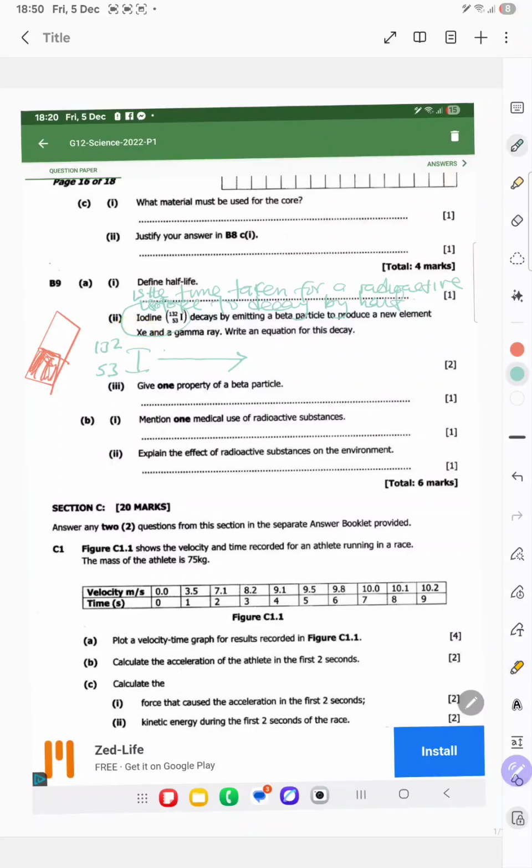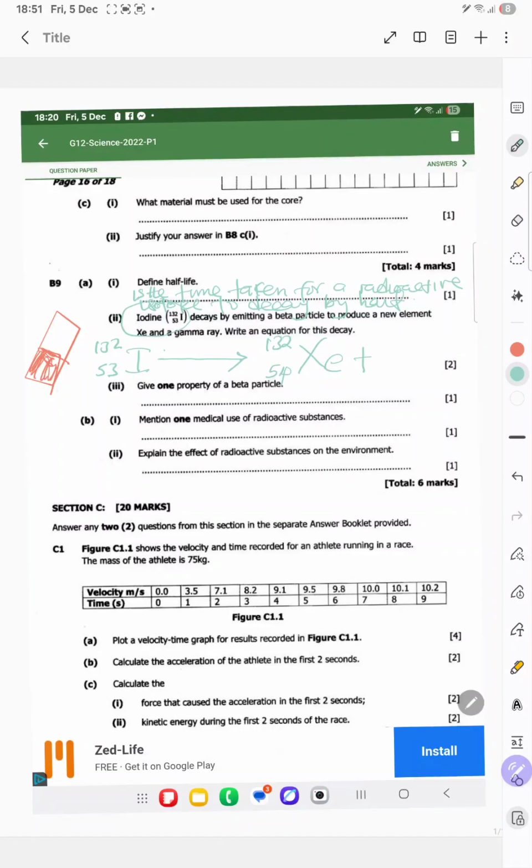Since this one is undergoing a beta decay, the proton number must increase by 1 and the mass number remains the same. So our proton number, which is 53, is going to increase by 1, which gives us 54, and our mass number, which is 132, remains the same.